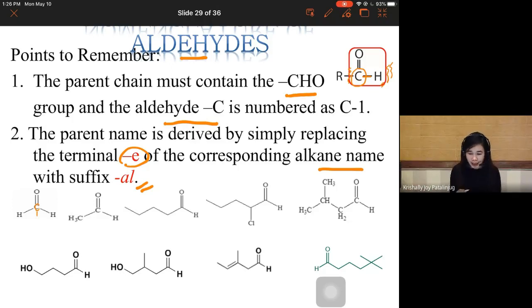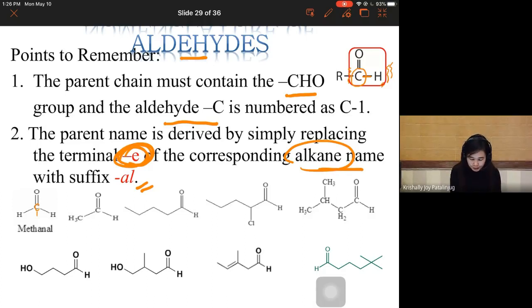Oh, very good, meth. That is methane, so the alkane name for one carbon is methane. From methane, change the ending E to al, and that becomes methanal to make it an aldehyde.